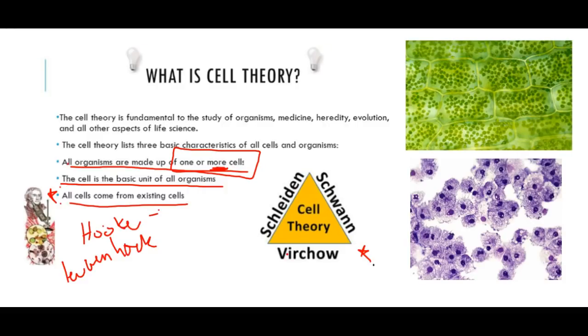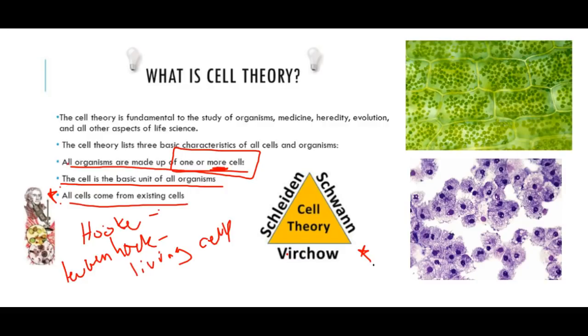Leeuwenhoek came along after the fact and made the microscope better, as well as looked at pond water, and he was the first to identify living cells. So he was the first to identify real-life living cells. He called them animalcules, because they resembled tiny or microscopic animals.